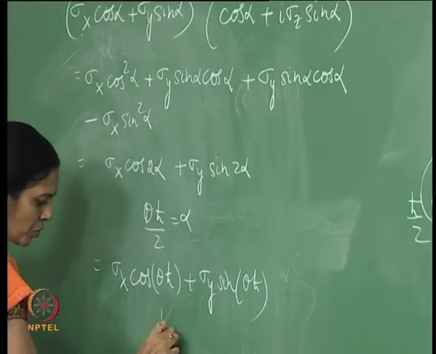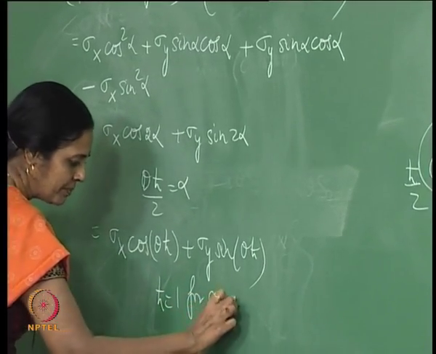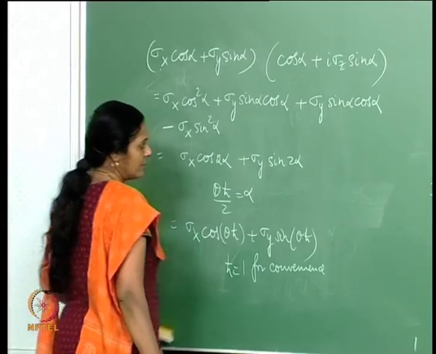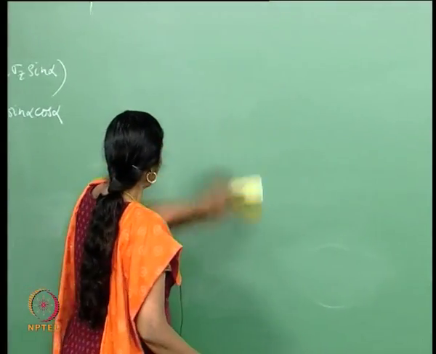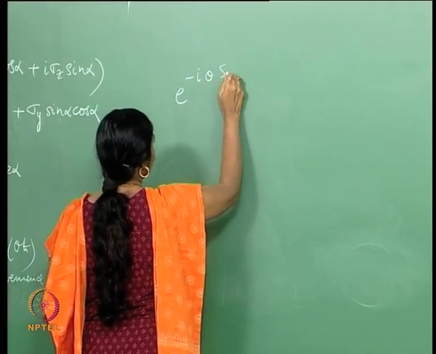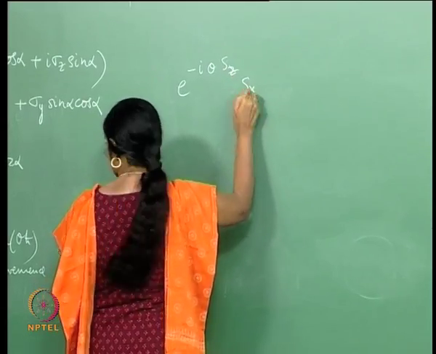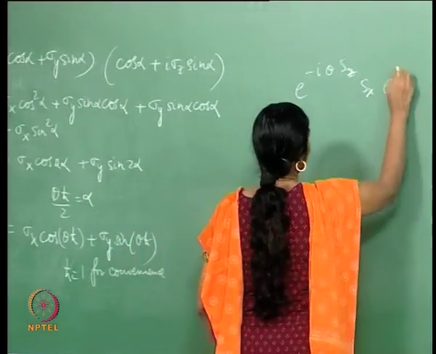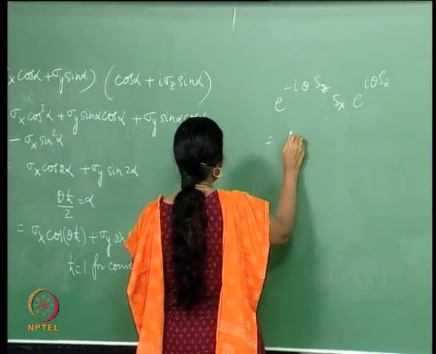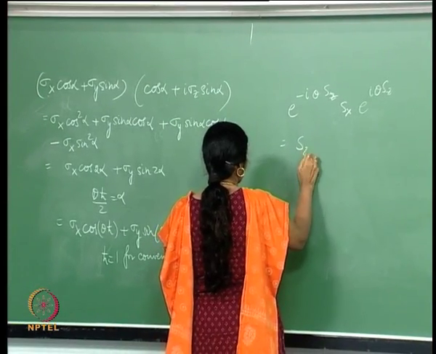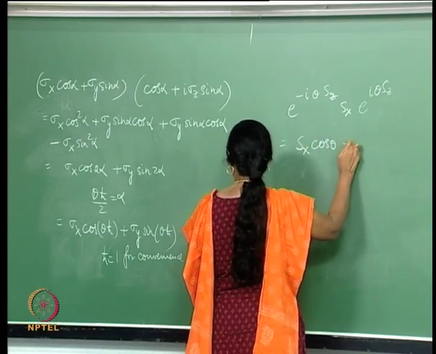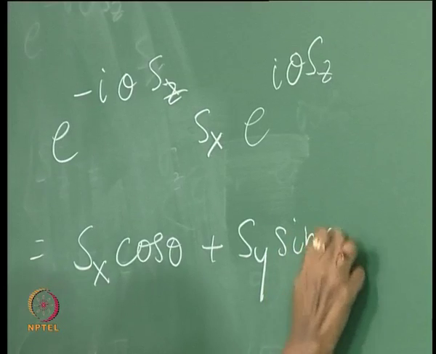Let us set h cross equal to 1 for the moment for convenience, and then I find that in general I have shown this particular transformation, that e to the minus I theta sz sx e to the I theta sz is equal to sx cos theta plus sy sin theta.